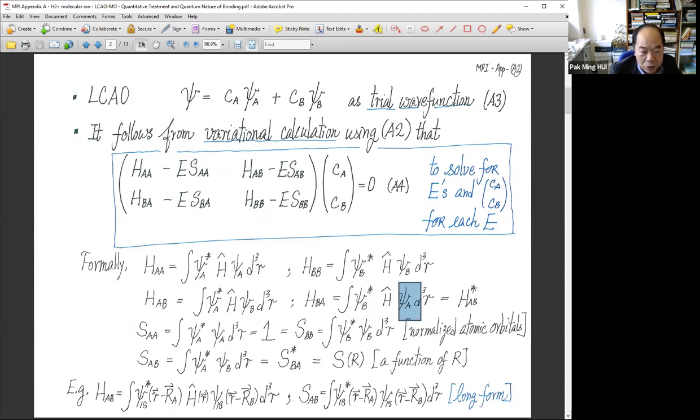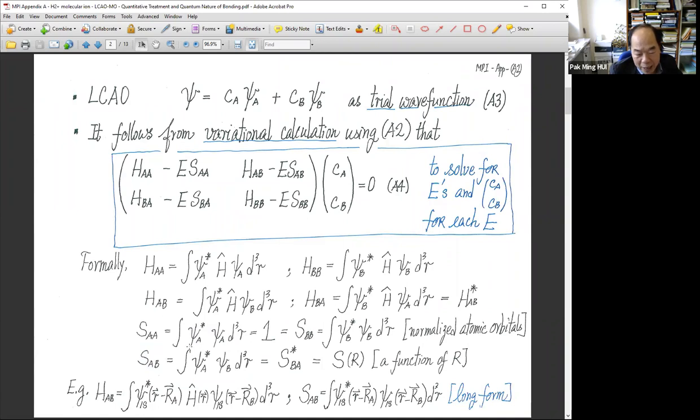Again, let me remind you, SAA is simple. 1s on the left times itself, integrate over all space, by normalization, it is 1. So we know this answer exactly. However, SAB is something tricky.